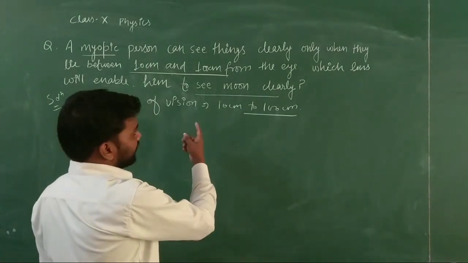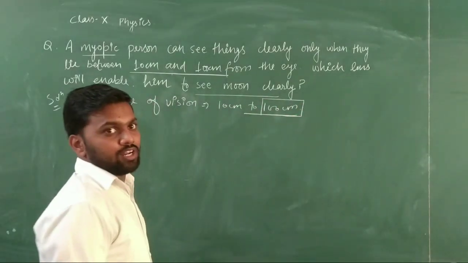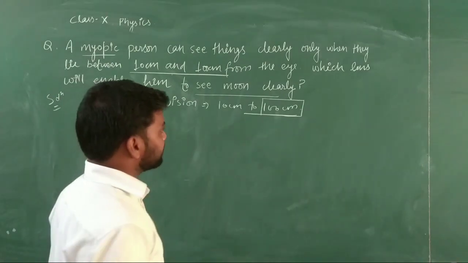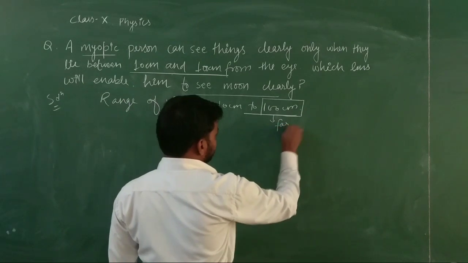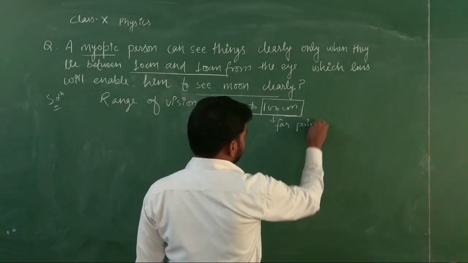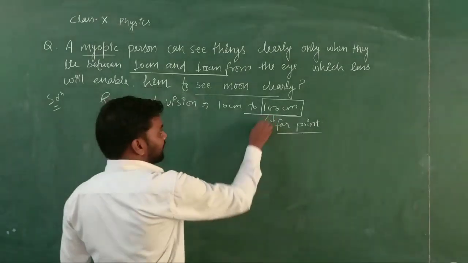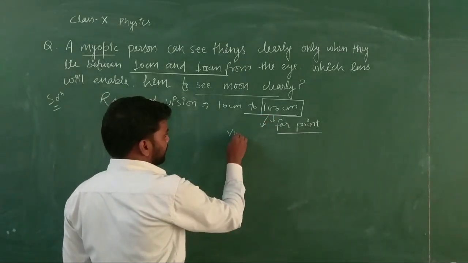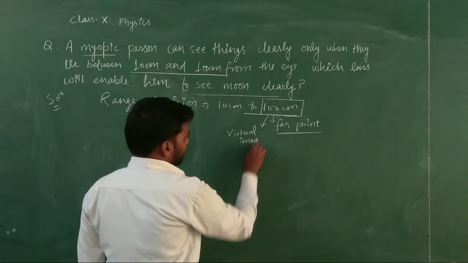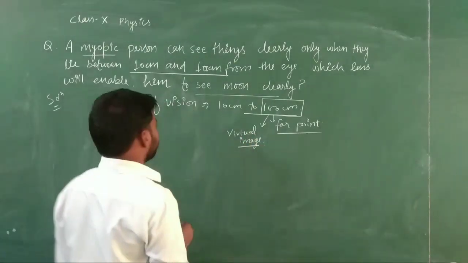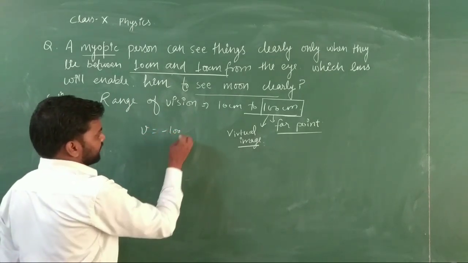But in a myopic eye, that 100 centimeter, which is the last point up to which that person can see objects clearly, will act as the far point. And if it is the far point, then definitely we will take it as a virtual image point, and we can write v equal to minus 100 centimeter.